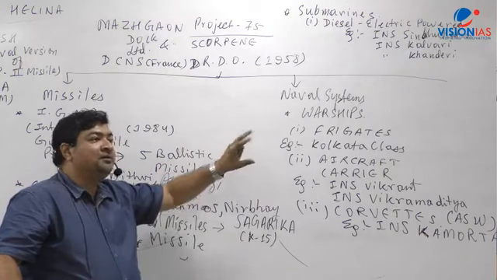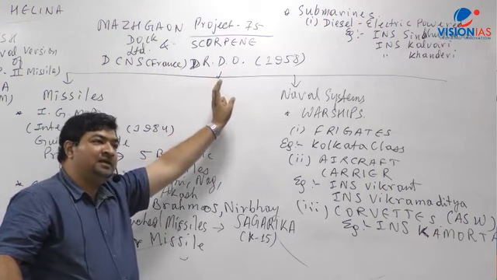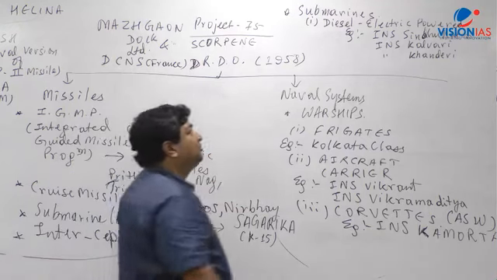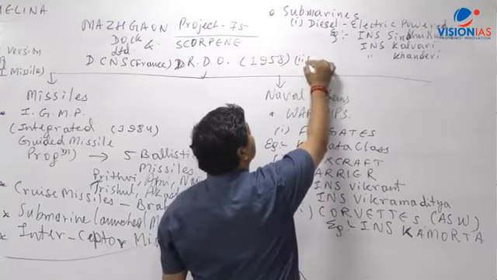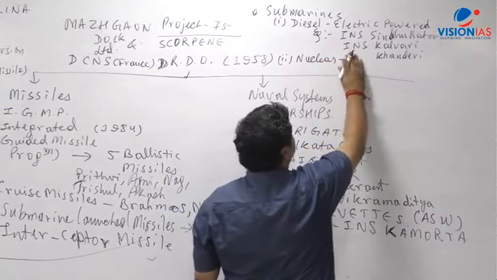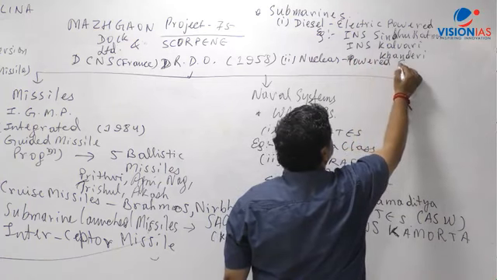Is it clear? So we have one type of conventional submarine, and there can be advanced ones also. The second class of submarine is called nuclear powered. Which nuclear powered submarine does India have? Arihant is there. Nuclear powered submarine Arihant is based on Russian technology.